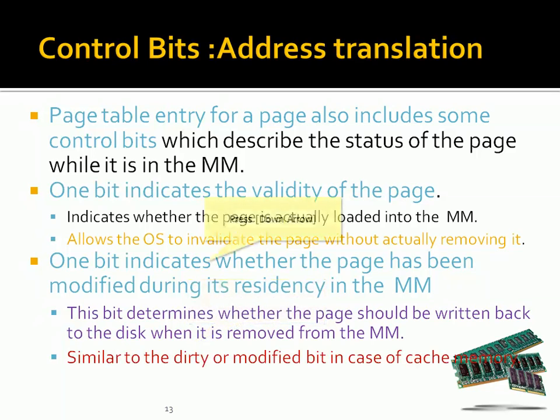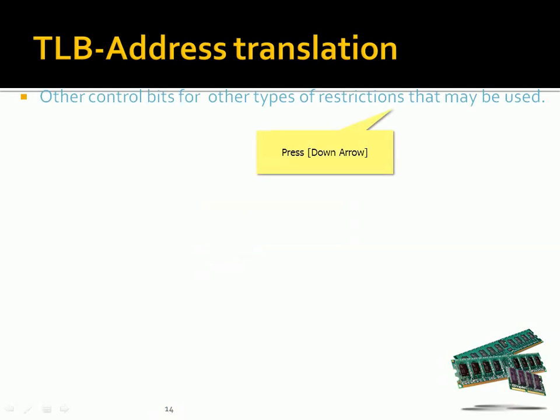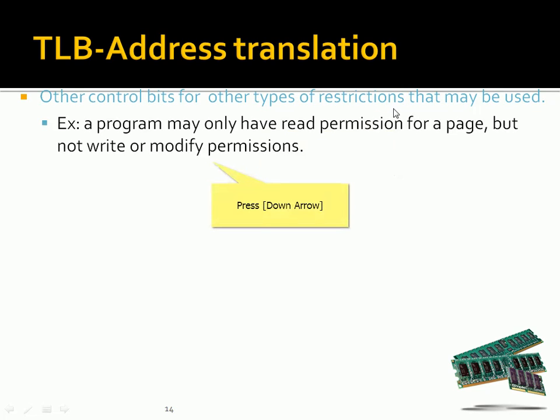Having understood this, it is similar to the dirty or modified bit in the case of cache memory, which we have seen. That is also in the translation lookaside buffer. The translation lookaside buffer holds all the other control bits, for other types of restrictions that may be imposed besides the status bit.